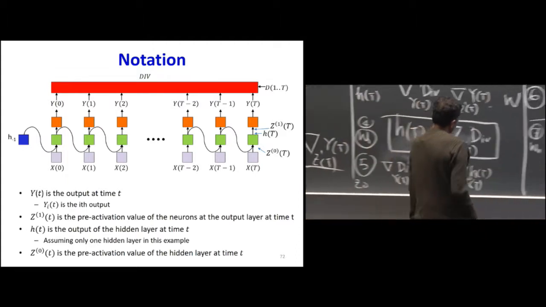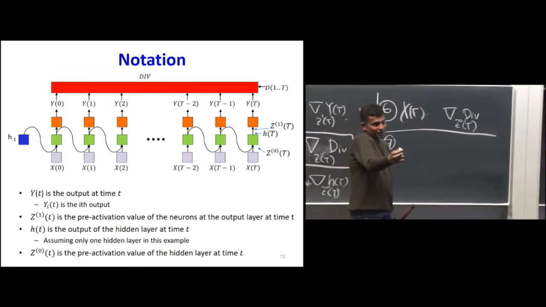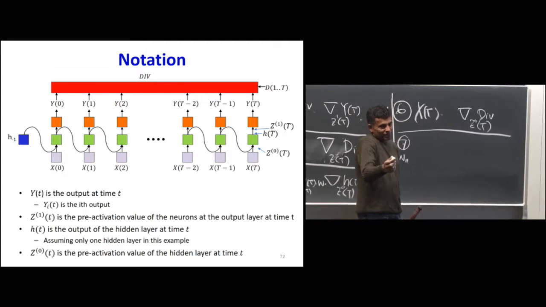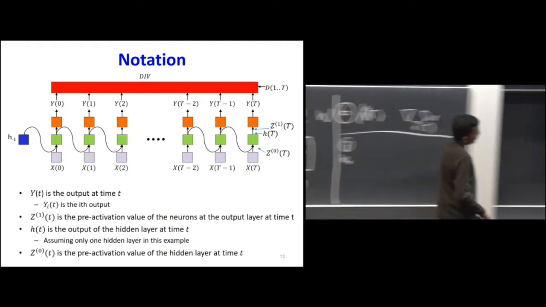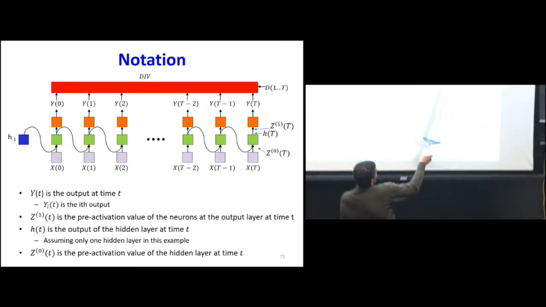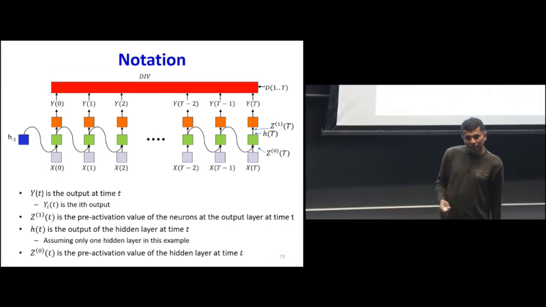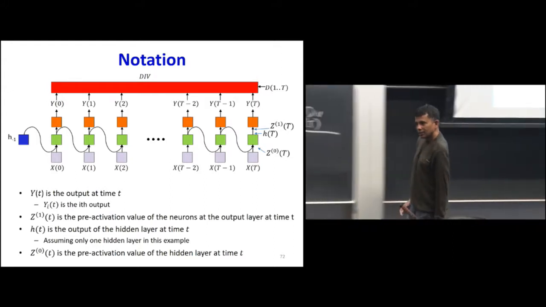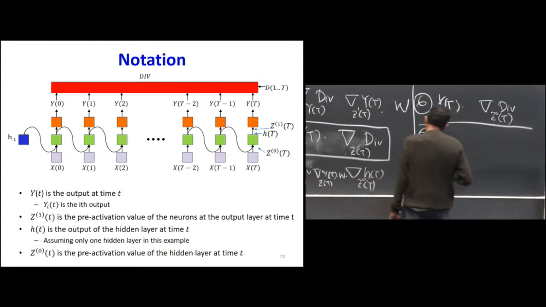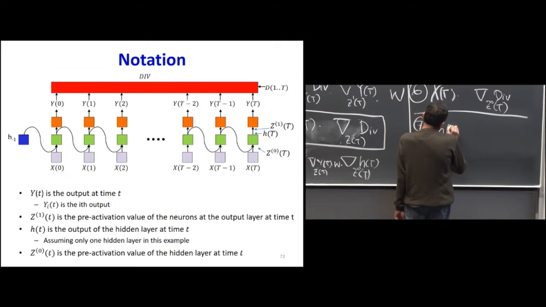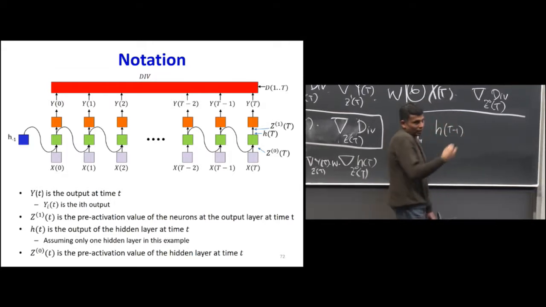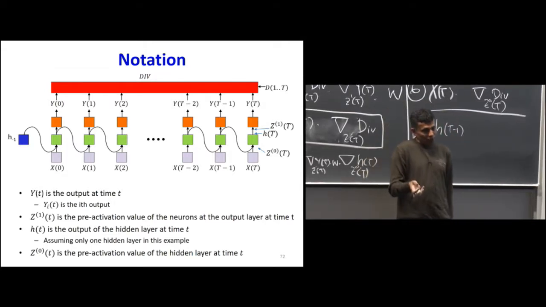The next term's yours, right? So who was the one who said it? Christine, what was that? What is the derivative of the divergence with respect to the weights on this edge? H of that edge. That's going to be h of t minus 1, right? Because that's the entrance times what?